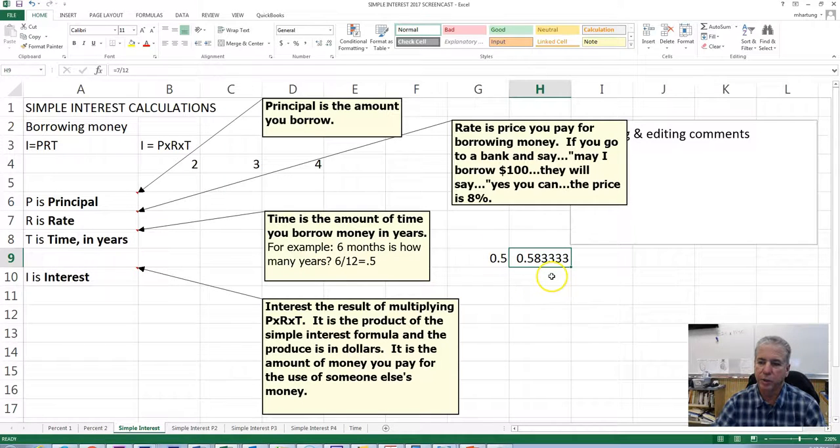So let me give you a couple more to do. Go ahead and calculate how many years there are in 3 months, and 8 months, and 9 months. And then go ahead and put your answer right there. So pause the video, do those calculations, and make sure you can do it. And then have me come on over and take a look at it. Or I'll go ahead and put the answers in here. And you can check your work to make sure you're getting those formulas correct.